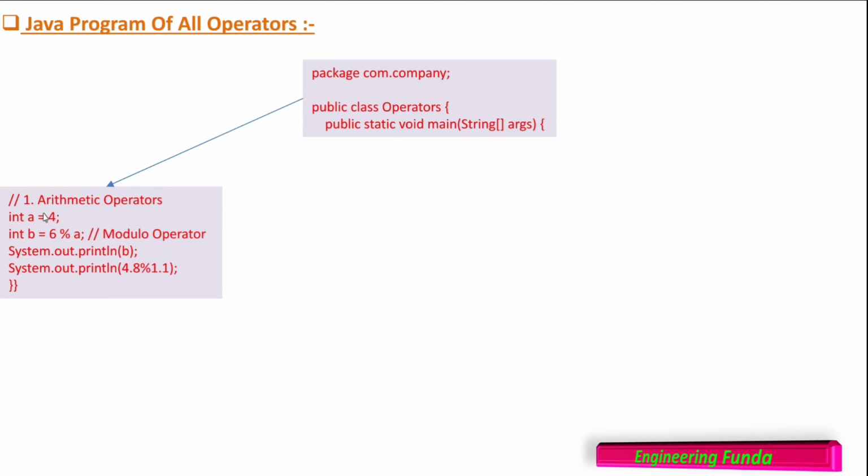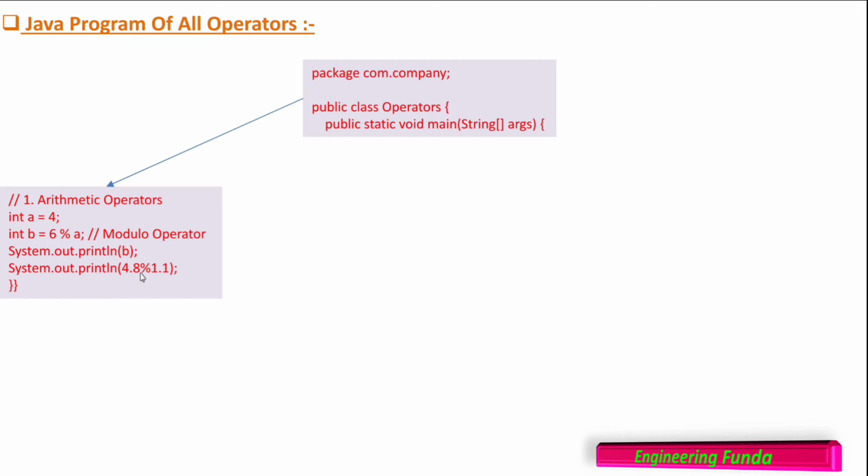So in this void main you have integer a equal to 4, integer b equal to 6 modulus a. So the modulo operator is performed, and then we are printing the value of b. If I perform 6 modulus a, where a is 4, b should have the value 2. This modulus can also be performed on floating point numbers.